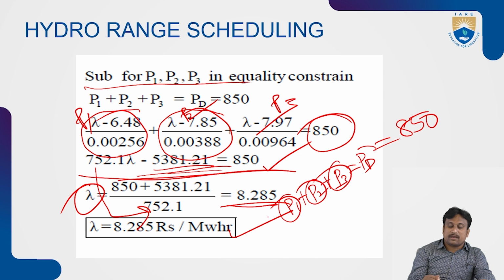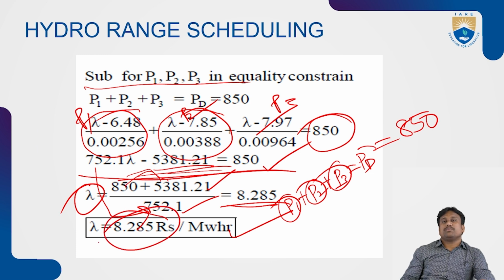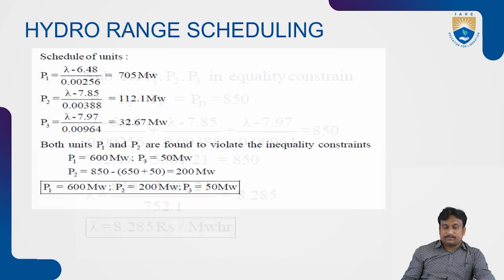So now lambda equals 8.285 rupees per megawatt. So you add 850 and 5381.21 and divide by 752.1, then you get 8.285 rupees per megawatt.